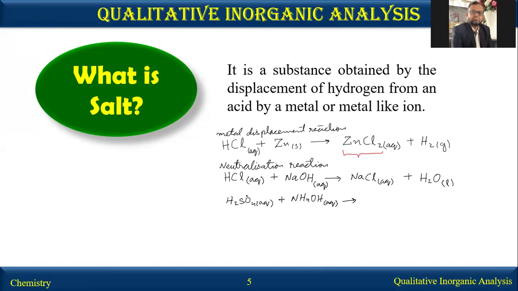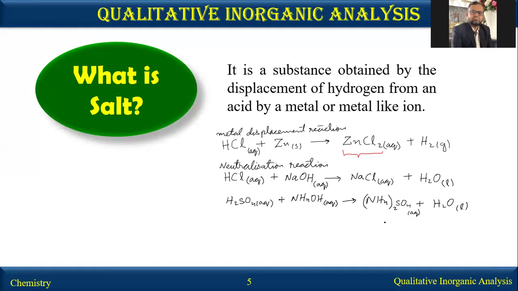So what happens again? This is also a double displacement reaction. Ammonium ion displaces hydrogen from there and forms ammonium sulfate. And hydrogen combines with OH to produce H2O. H2O is liquid and this is the aqueous solution.